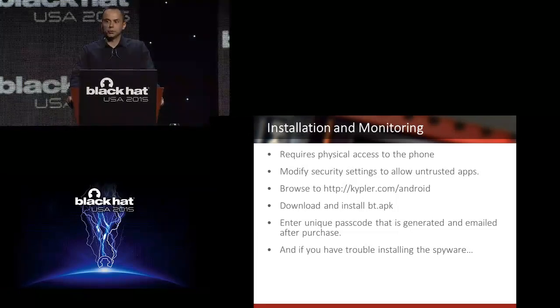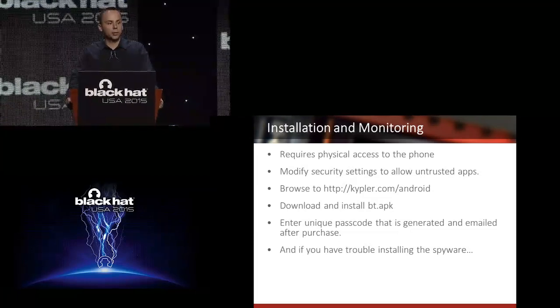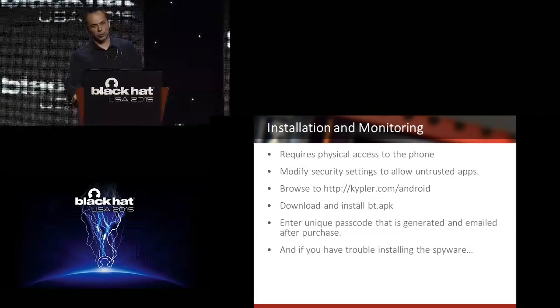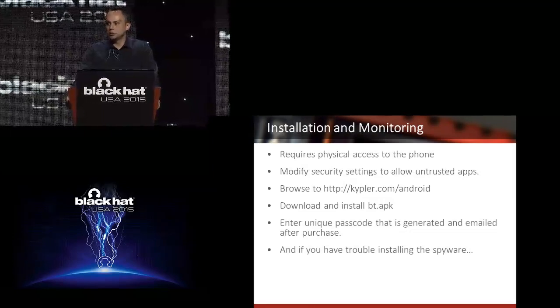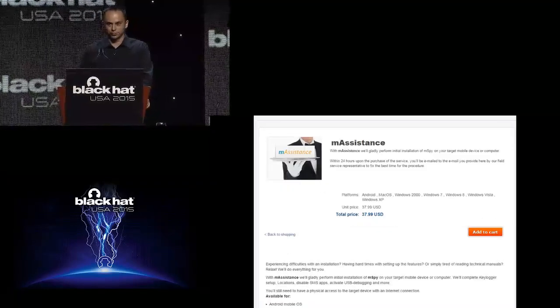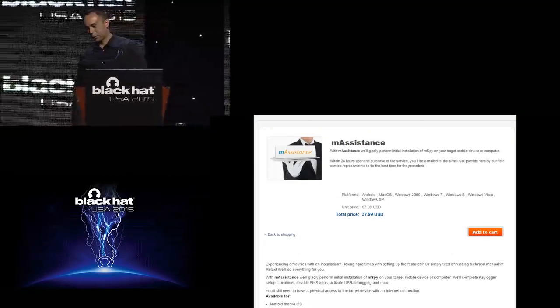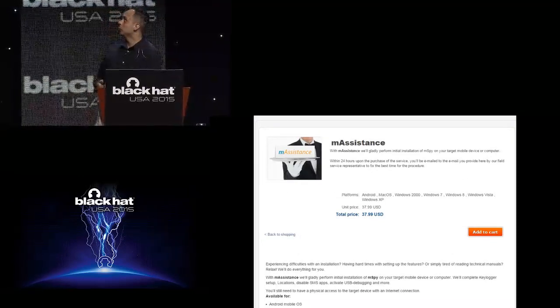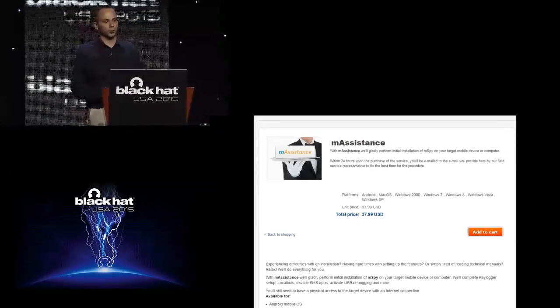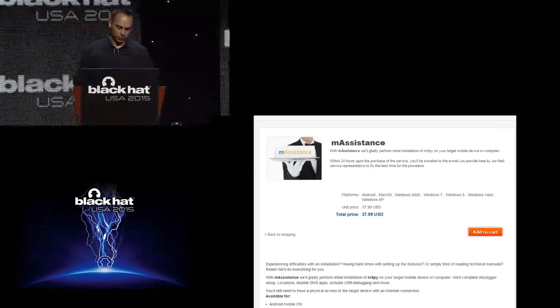When you purchase the spyware program, you enter a username and password and create an account. They will email you a special code, like an authorization code. When you install the spyware, you type it in and you're in. If that is too hard for you, don't worry, there is tech support available. While you're owning a phone, if you have trouble, you can, for an extra fee, have their tech support people call you and talk you through it, which is handy, I guess.